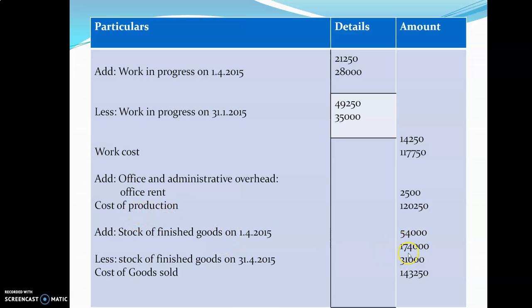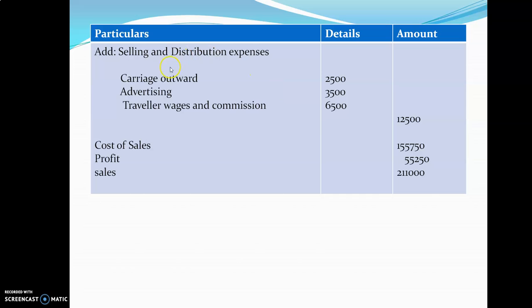We will get 1,74,000 and then minus the closing stock of finished goods, which is 31,000. So doing this calculation, we get cost of goods sold. So cost of goods sold is 1,43,250.